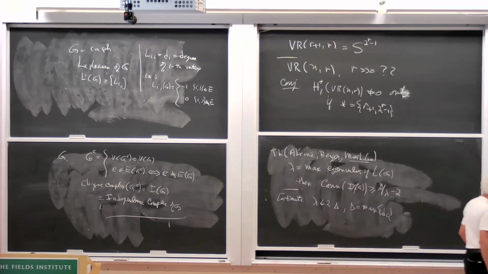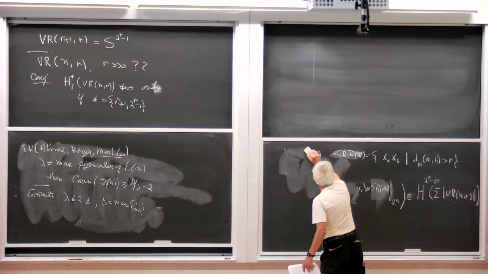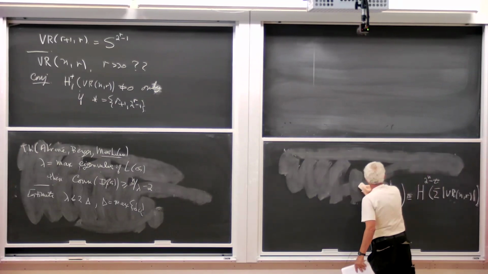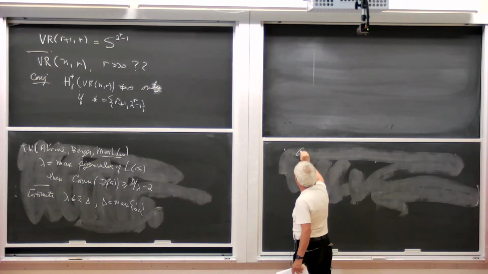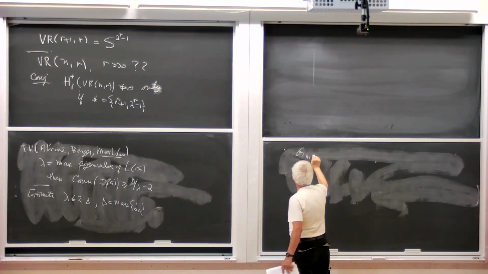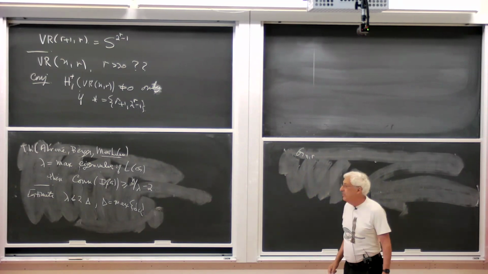Now, how do we do that? Well, we're interested in this graph I call G_{n,R}. The clique complex of that is our Vietoris-Rips complex.